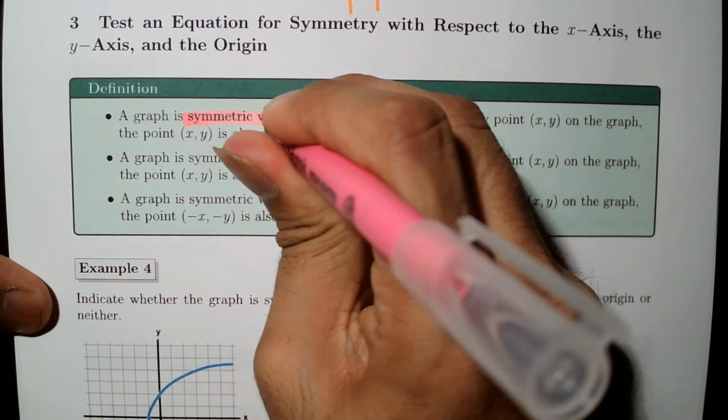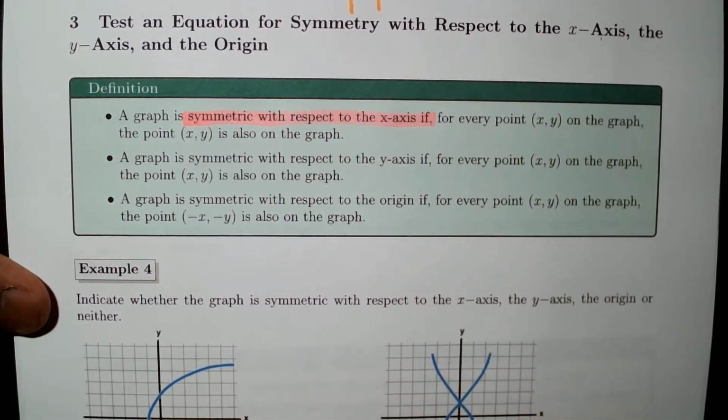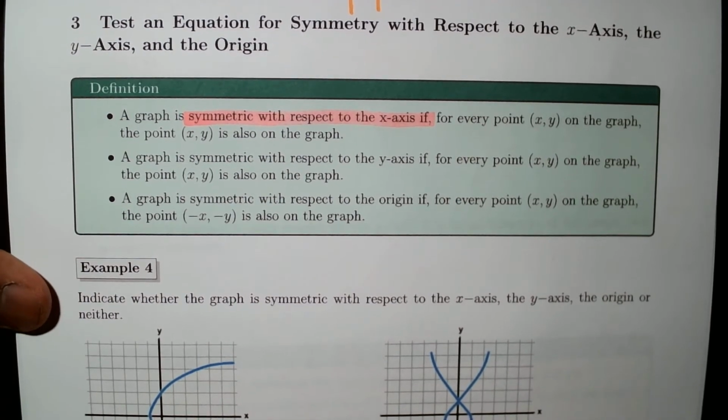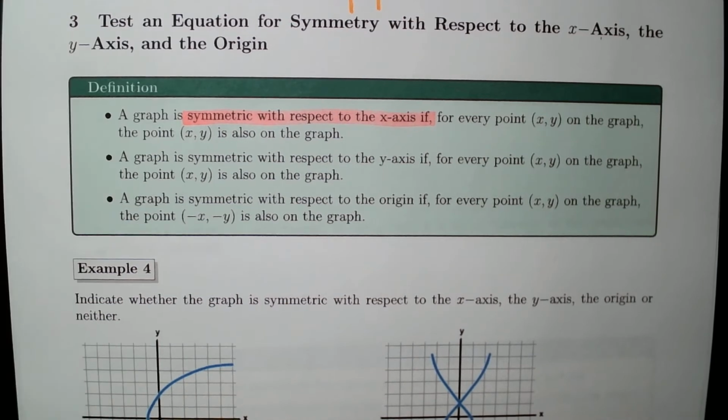So a graph is symmetric with respect to the x-axis if for every point, it looks like I didn't add a negative sign here. There are a couple of negative signs missing here. So let's add them by hand.